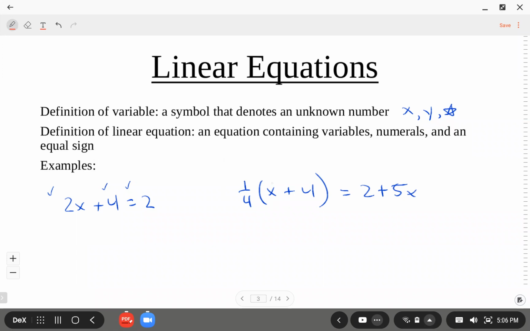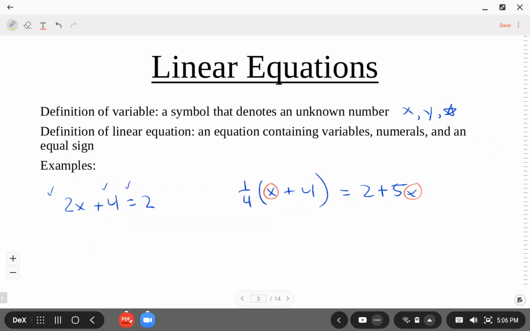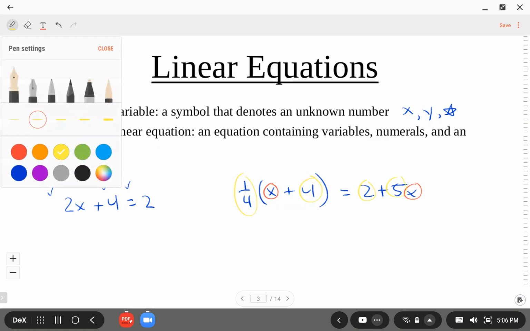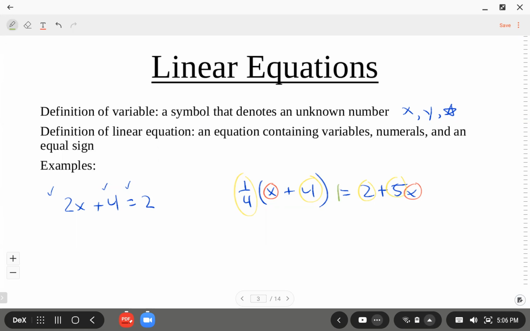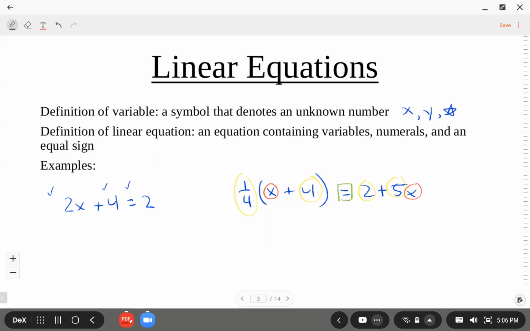We have our variables right here and here. Then we have our numerals, just a bunch of them. And then we have our equal sign. So this is a linear equation.